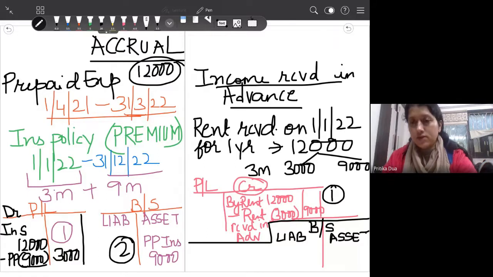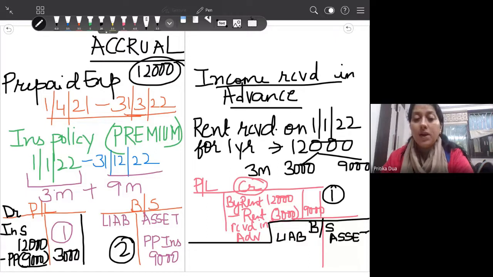Just Dhruv, let me complete and then I'll come to you. So if the rent has been received in advance for 9 months, it means in the next financial year the firm's responsibility is to render service against this 9,000 received. It means in the coming year for 9 months you cannot give this premises to anyone else on rent. That is the obligation of the business.